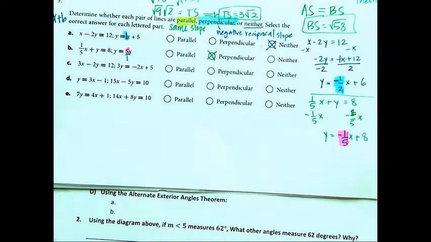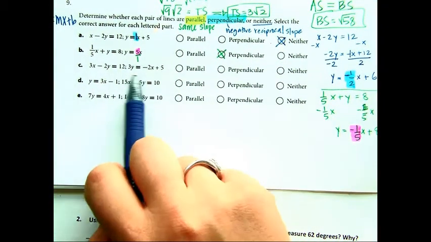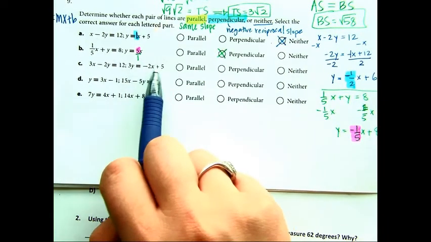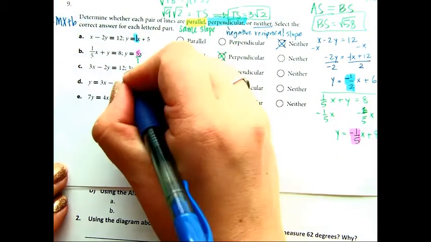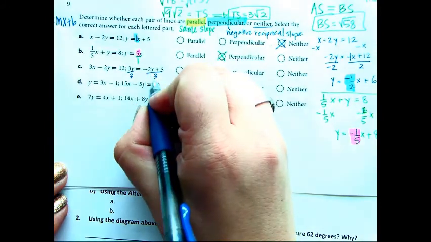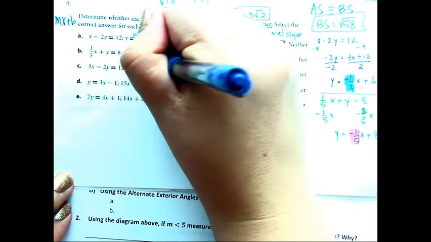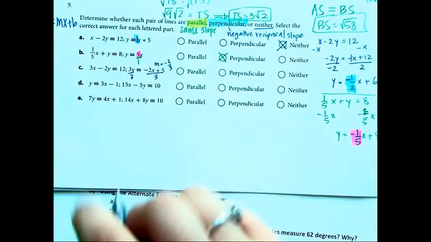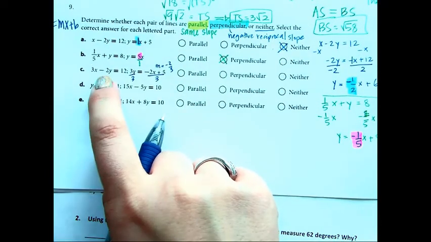The next one, C, this is in standard form, and this isn't in standard, but it's close to slope-intercept form. We just need to divide by 3 to both sides here. So if I divide by 3 to both sides, I'll end up with a slope of negative 2 over 3 here. Let me write that here. Negative 2 over 3. So I'm going to use that information, apply it here to see if they're the same. So I need to find the slope of this line.